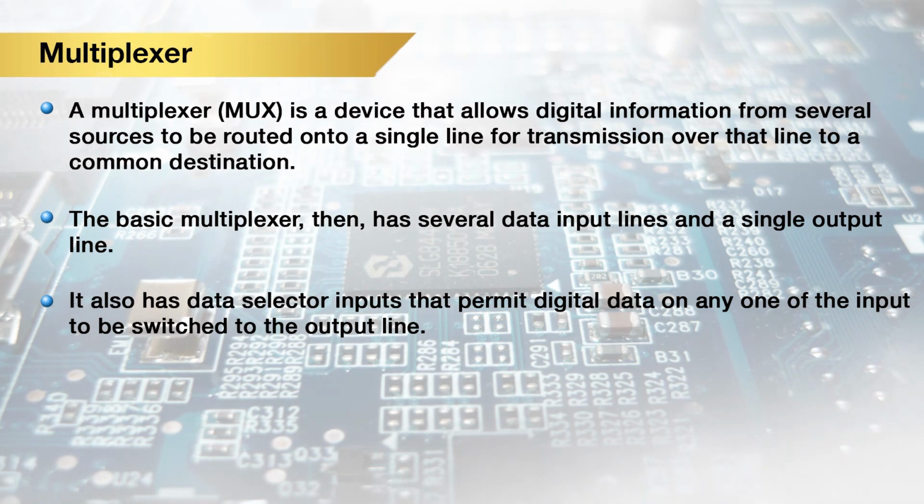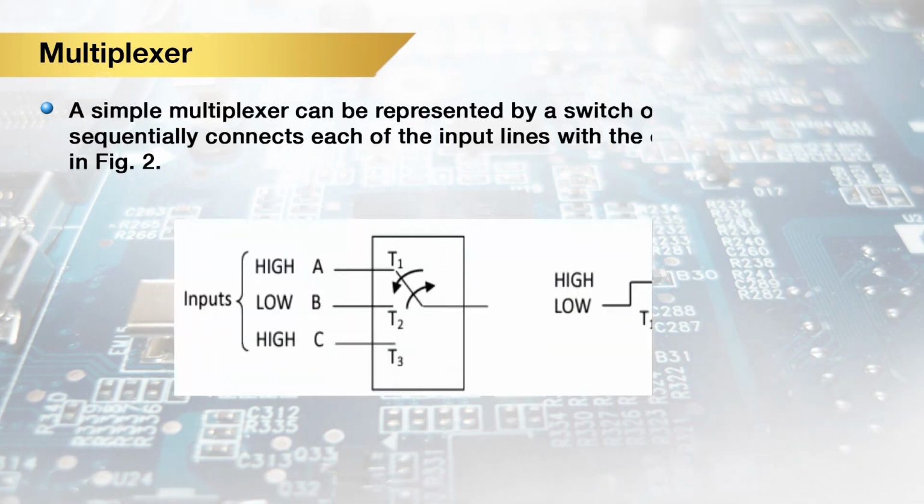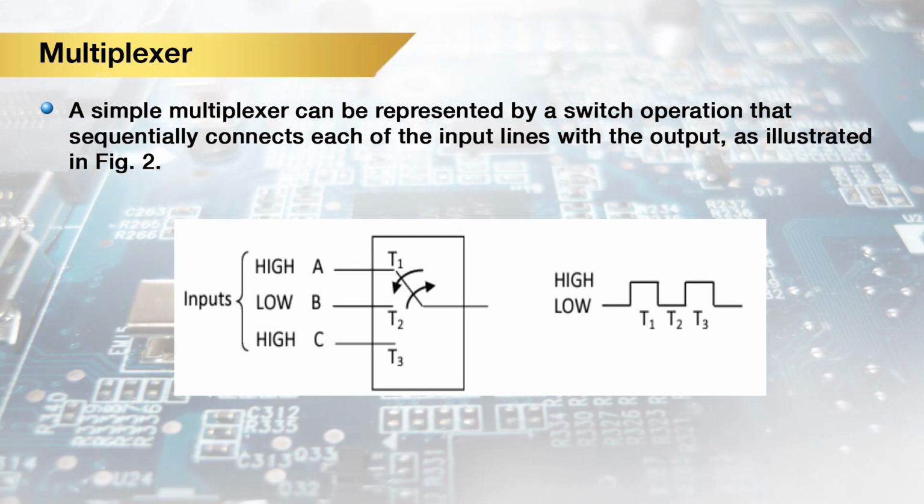It also has data selector inputs that permit digital data on any one of the inputs to be switched to the output line. A simple multiplexer can be represented by a switch operation that sequentially connects each of the input lines with the output as illustrated in the figure.